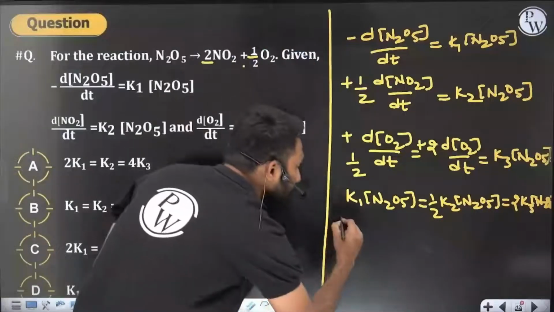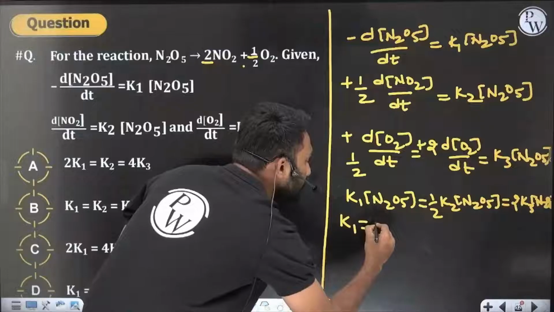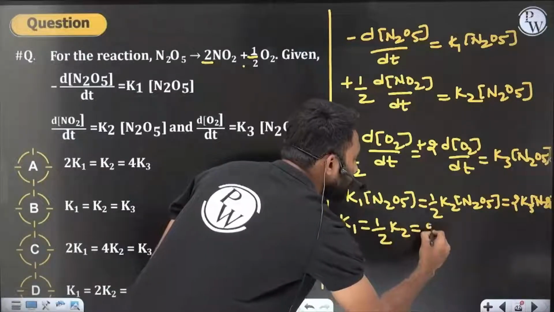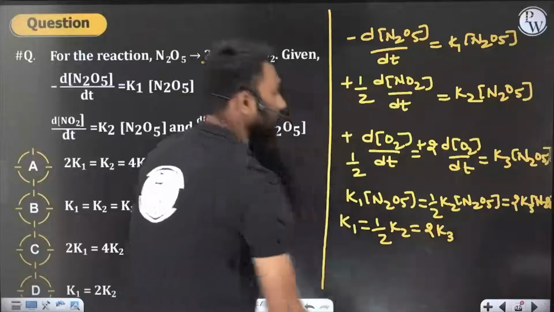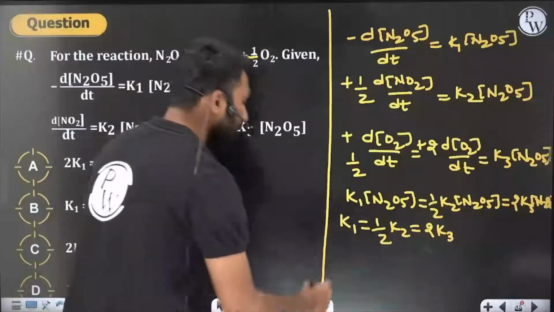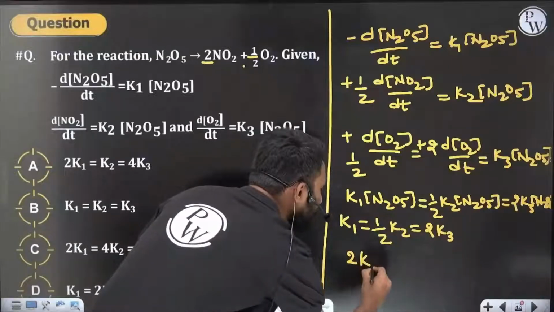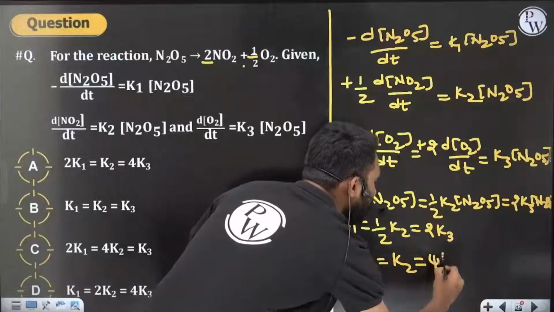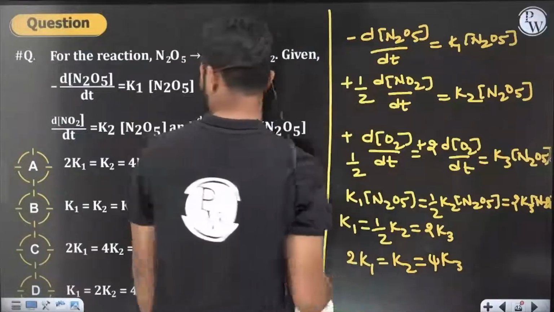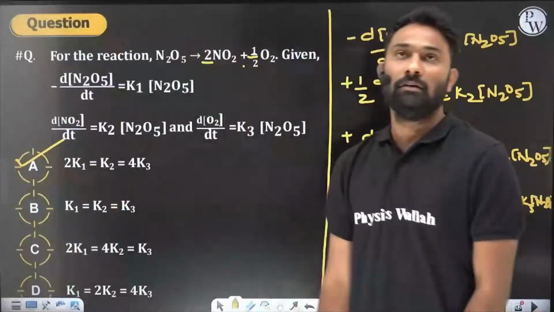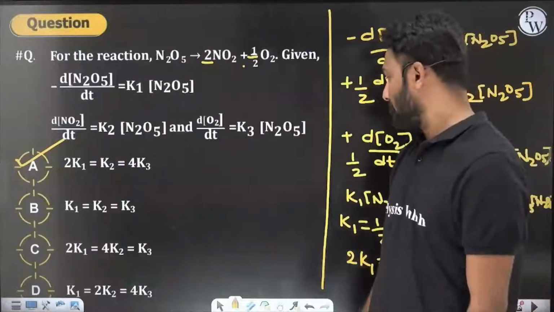The leftover will be K1 is equal to half K2 is equal to 2 K3. Now if you multiply with 2, then it will become 2 K1 is equal to K2 is equal to 4 K3. Now match the options. So option number 1 is correct. Okay. Next question.